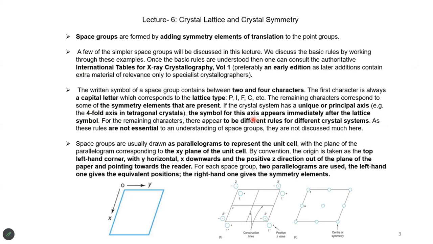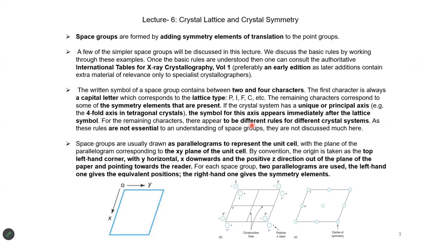The other characters will depend on the rules of the crystal systems. We need not bother about all those because this is not essential very much. That depends on which crystal system we are talking about.